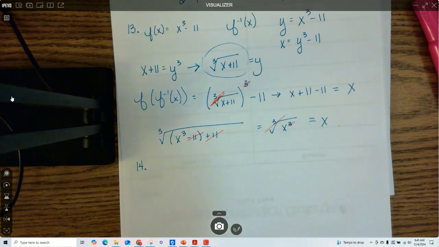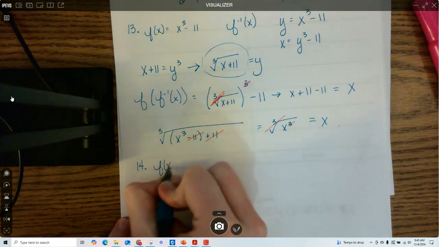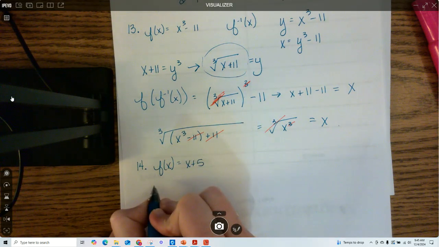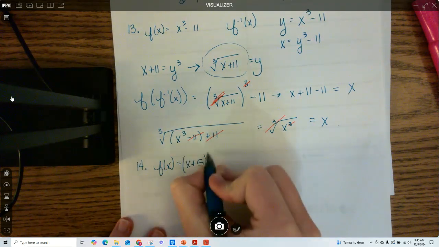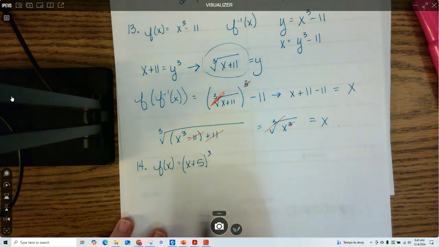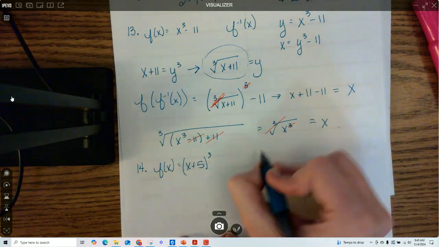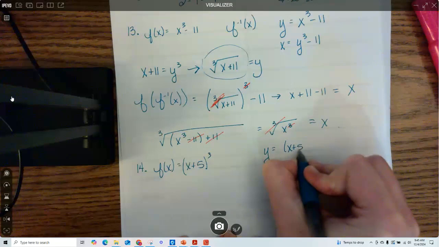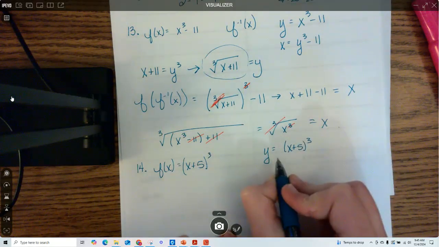Same type of question. F of x equals (x plus 5) cubed. Let's find the equation for f to the negative 1 of x. So y equals (x plus 5) cubed.